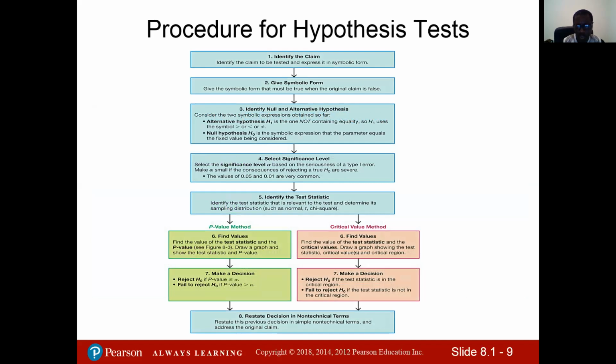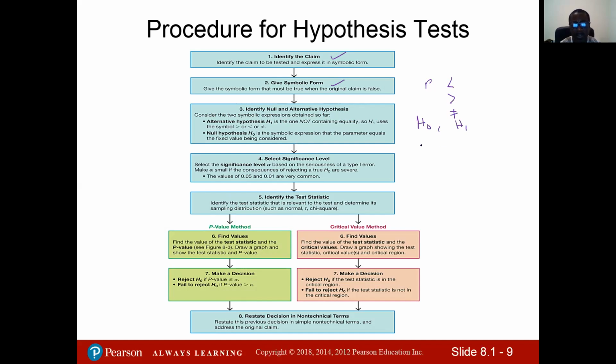Okay, but let's talk about the procedures. For any hypothesis test, these are the general procedures. You always need to identify your claim. That's the first thing. And then symbolically, whether your claim is about the proportion, and whether it is less than, greater than, or not equal to. That's what I mean by the symbolic form of the claim. Then you identify your null hypothesis, H0, and then the alternative hypothesis, H1 or HA.